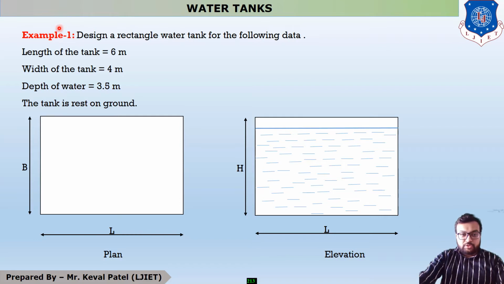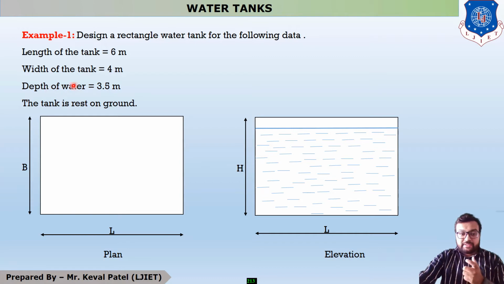You can see that the data is: design a rectangle water tank for the following data. Students, in this question it is clearly mentioned that the depth of water is equal to 3.5 meter, length of tank is equal to 6 meter, width of tank is 4 meter.